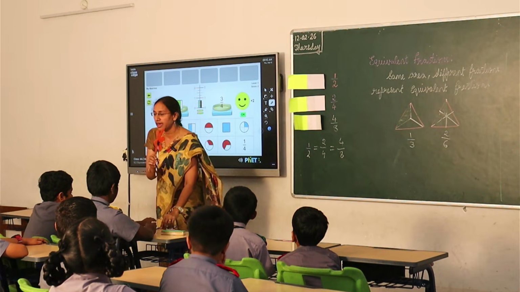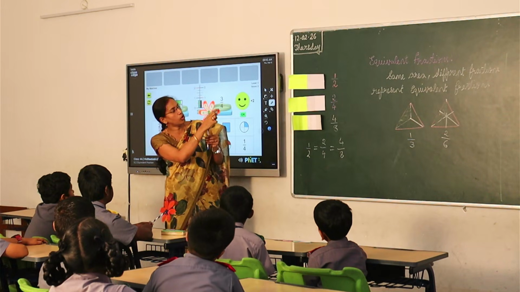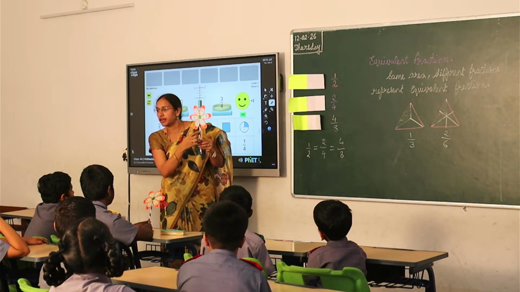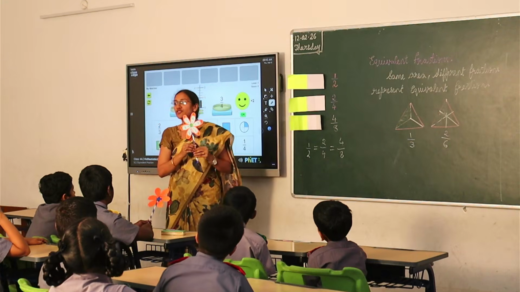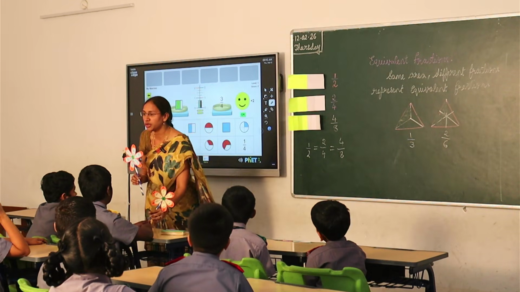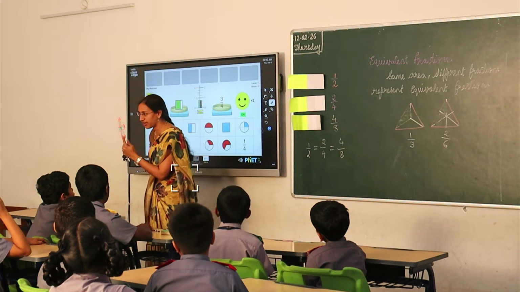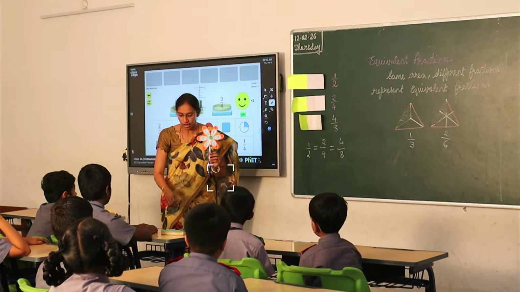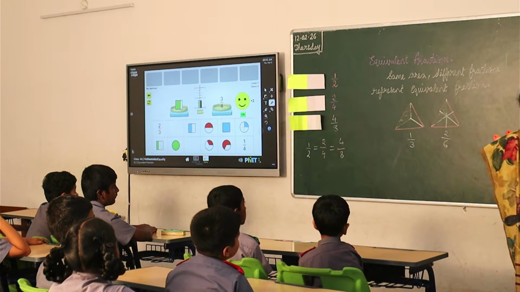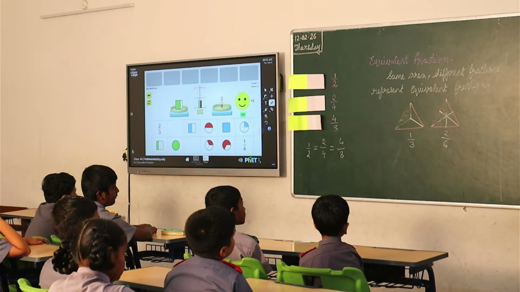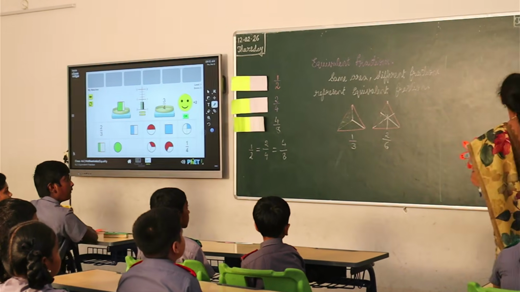In the same way, here for the fraction 3 by 4, these are all the 7 equivalent fractions for the given fraction. Understood, children? So your homework is you need to prepare an equivalent fraction fan for the given fractions, 2 by 3 and 4 by 5.